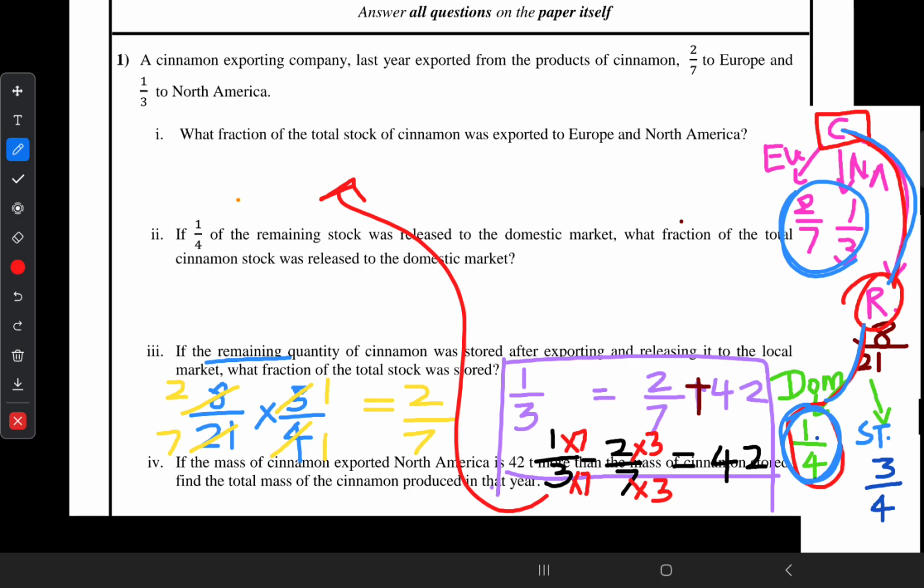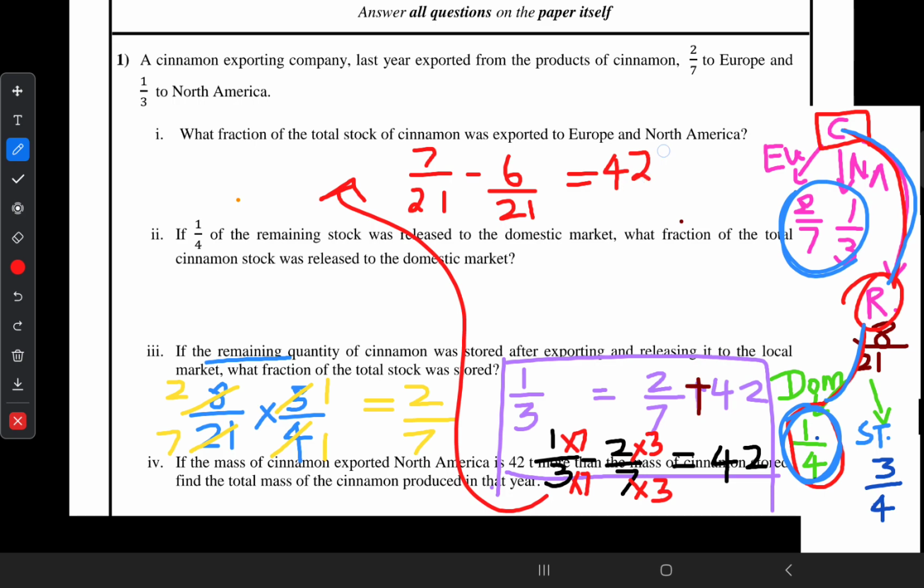The amount of cinnamon exported to North America was 42 tons more than the amount of cinnamon stored. So accordingly, 1 upon 3 minus 2 upon 7 will give you 7 over 21 minus 6 upon 21.